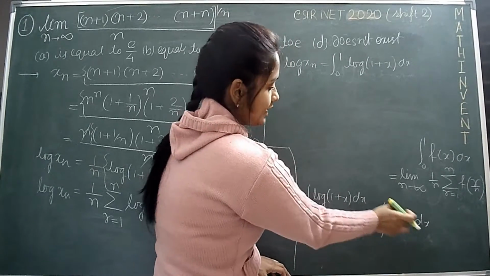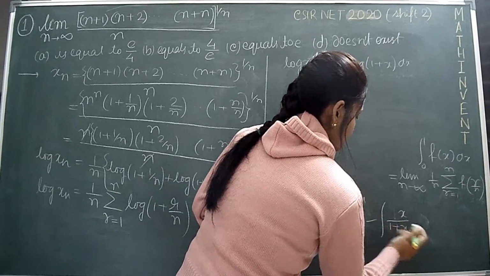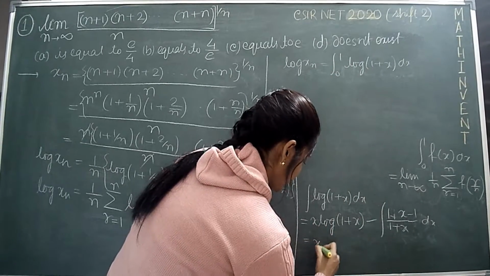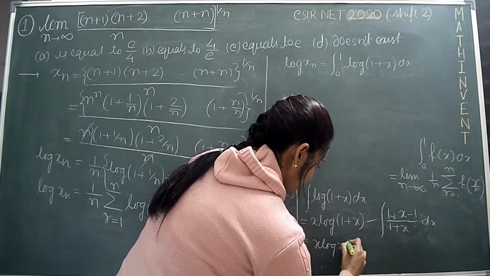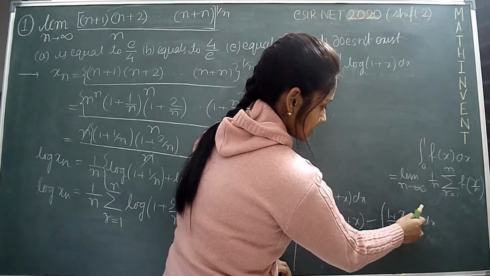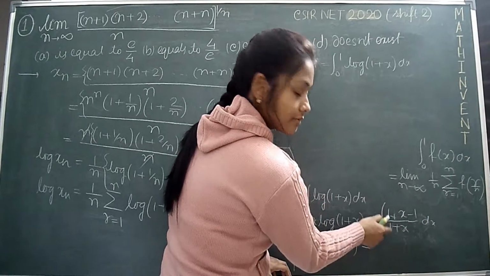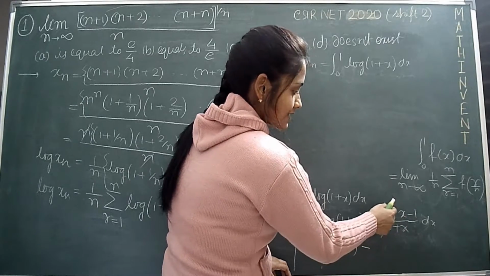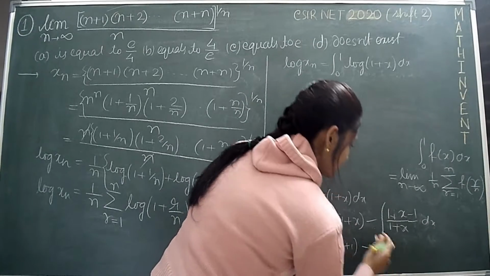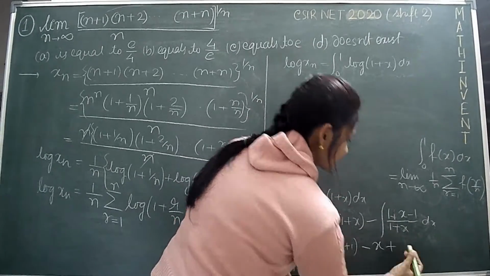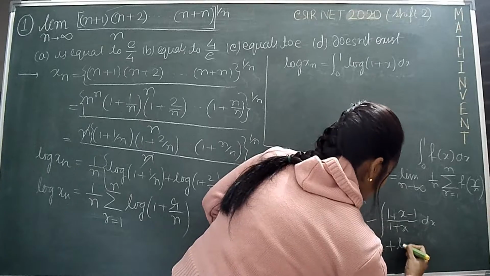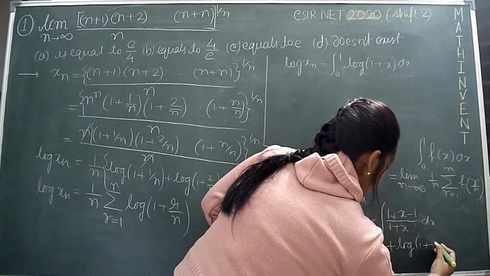This x can be written as 1 plus x minus 1. If we separate this term, we have 1 plus x divided by 1 plus x, which gets cancelled out and we have 1. So minus x minus, and this minus will become plus, integration dx by 1 plus x. So this is log of 1 plus x.